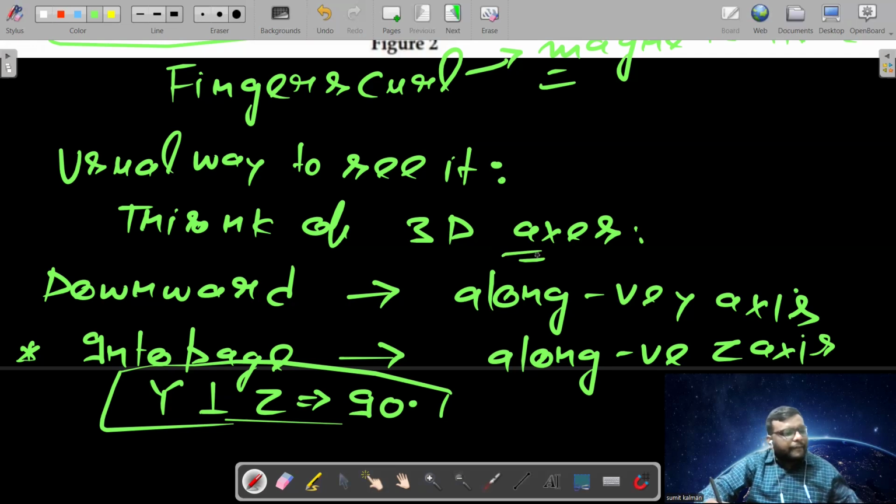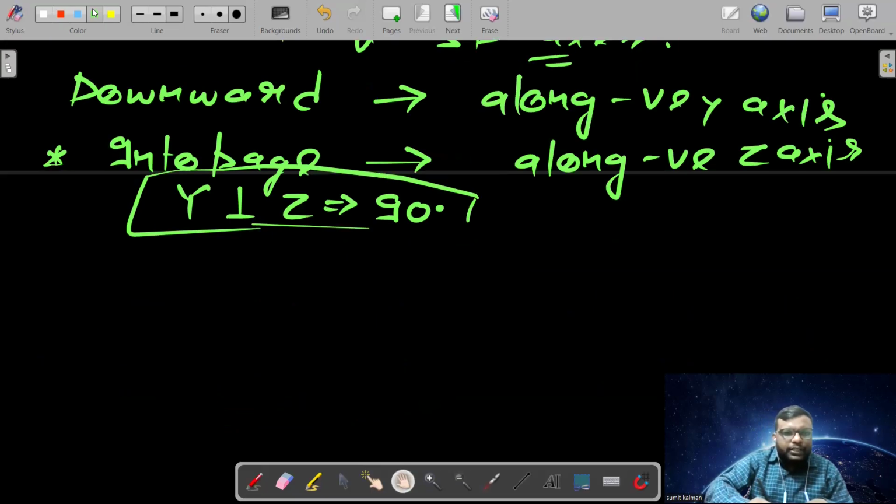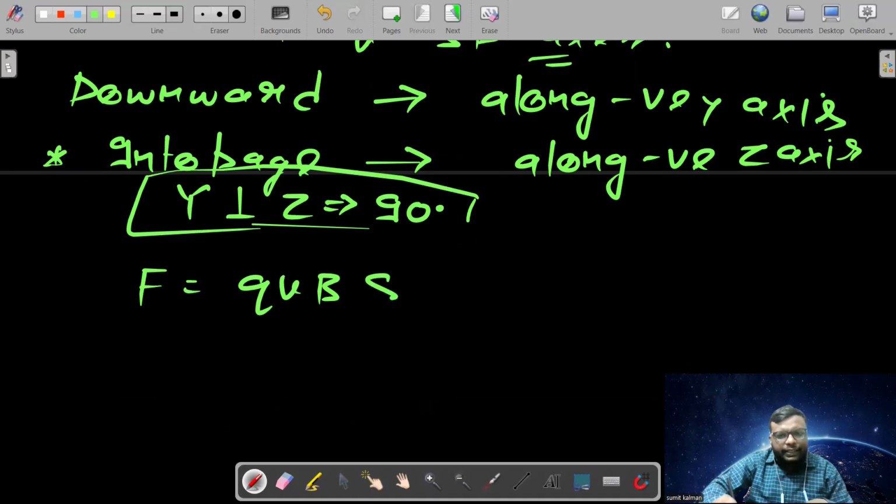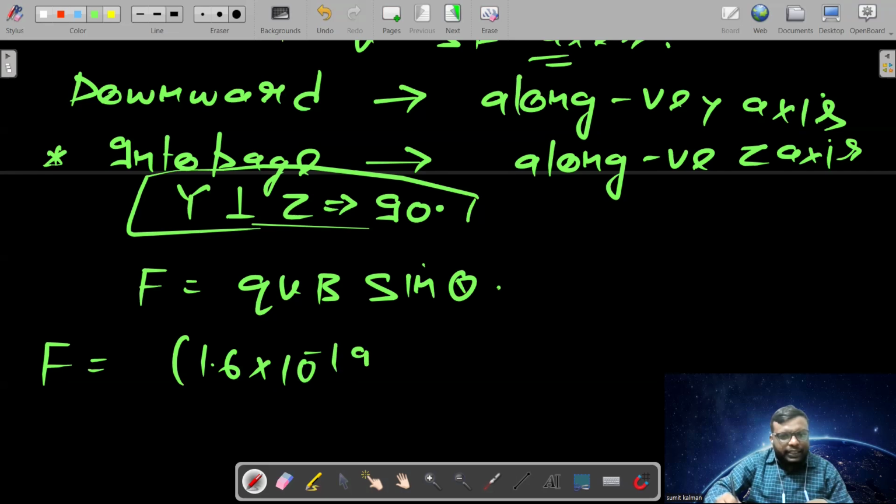Now students, here I am calculating the magnitude of magnetic force. The formula is F is equal to QVB sine theta. Here magnitude of charge is 1.6 into 10 to the power minus 19.